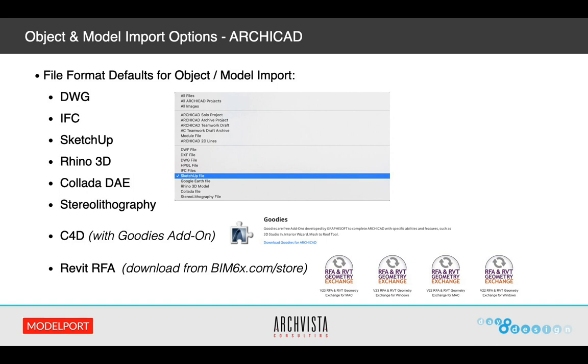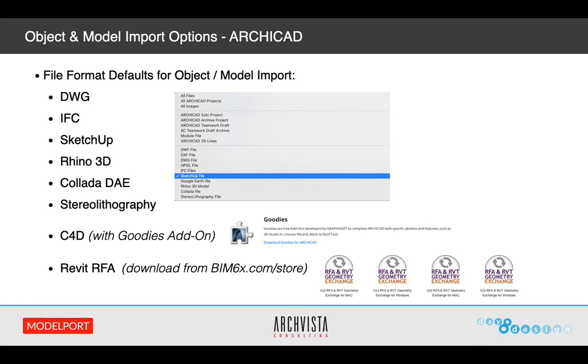This would be available if you've added on the Goodies add-on, which you can go to the Graphisoft website, download and install, and then you'll have the Cinema 4D available to you as well. And then Revit RFA, which is the Revit object format, family format.